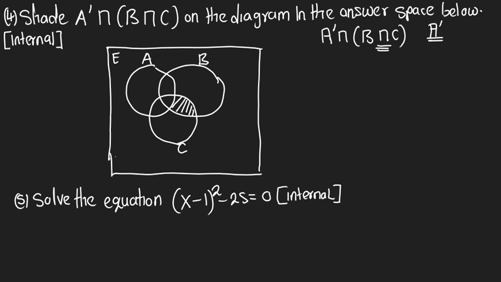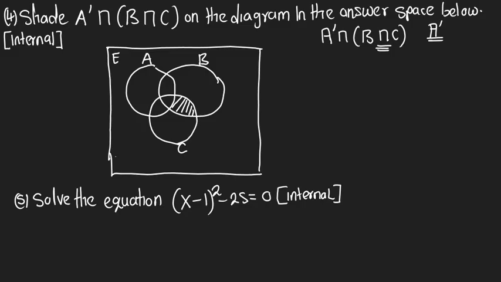So we're not shading any part of A there. Not any part of A, because they are saying A complement. A complement means outside of A. So you just cover the entire of A with your fingers and shade what remains.